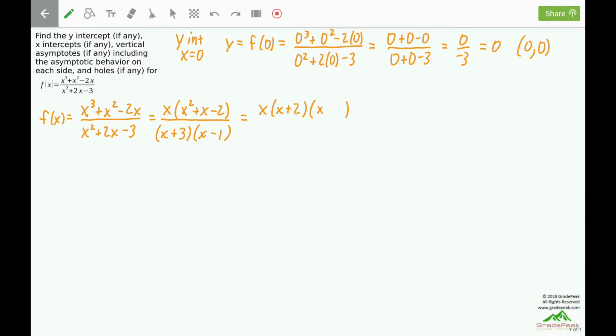That will be a positive 2 and a negative 1. And then we can cancel out any like factors, leaving x times x plus 2 divided by x plus 3.